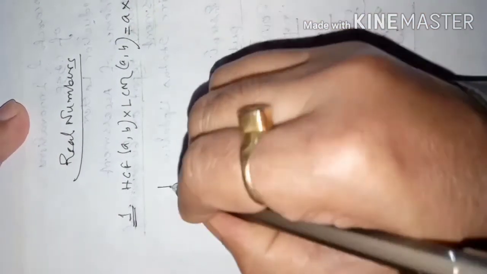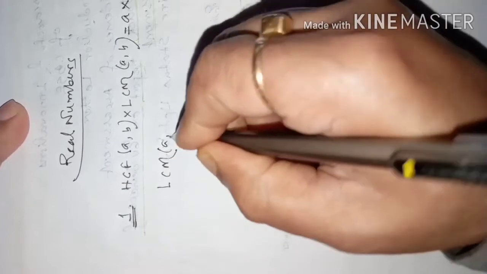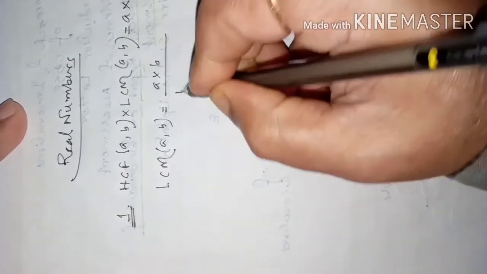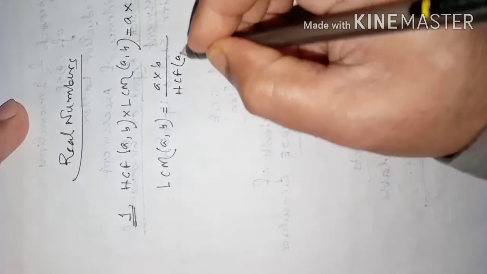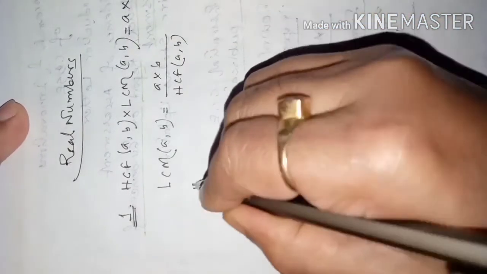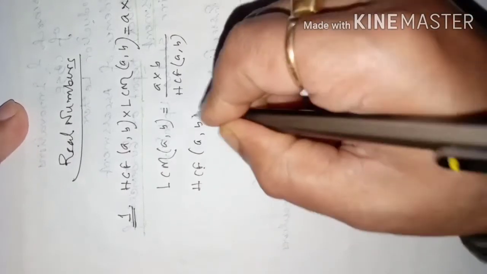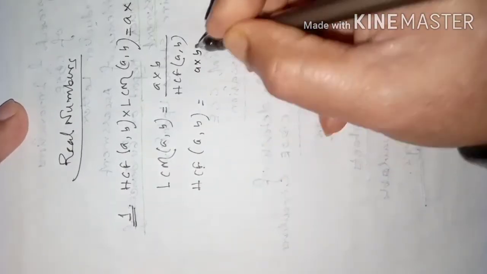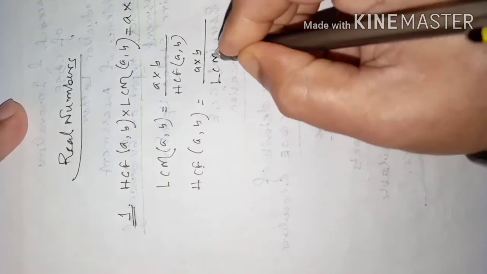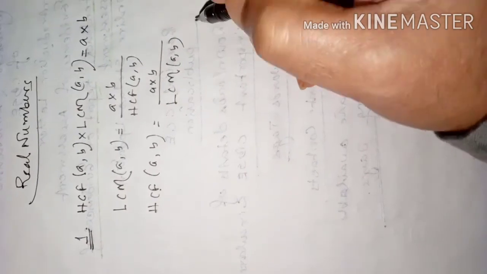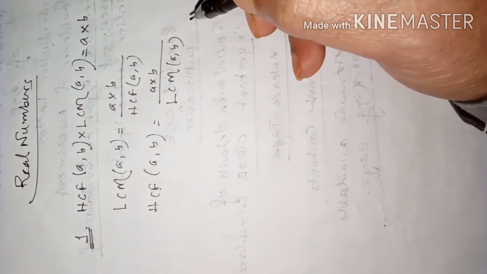If you are asked what is LCM of A and B, you can easily say A multiplied by B divided by HCF of A and B. In the same way, for HCF, you can say A multiplied by B divided by LCM of A and B. So this is one law that you should know.